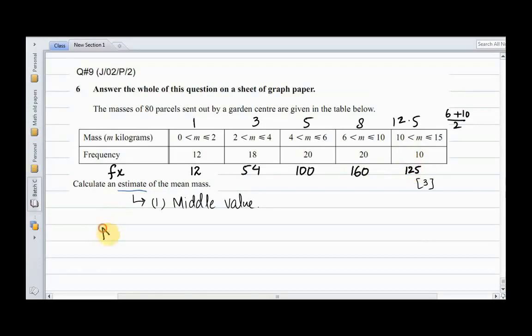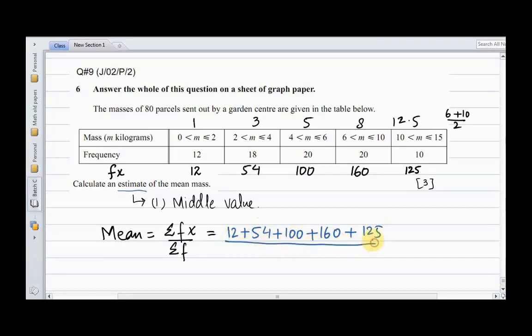If we apply the formula of mean, it will be summation of fx divided by summation of f. Summation of fx will be 12 plus 54, 100, 160 and 125, divided by the sum of frequency. It will be 12 plus 18, or it is given in the question, that is 80, right?